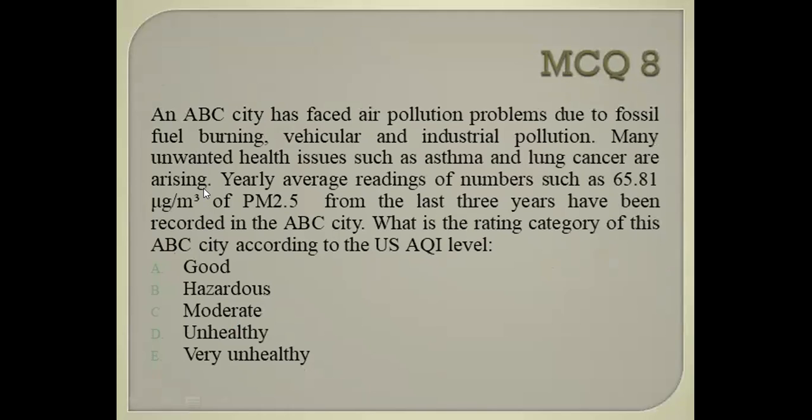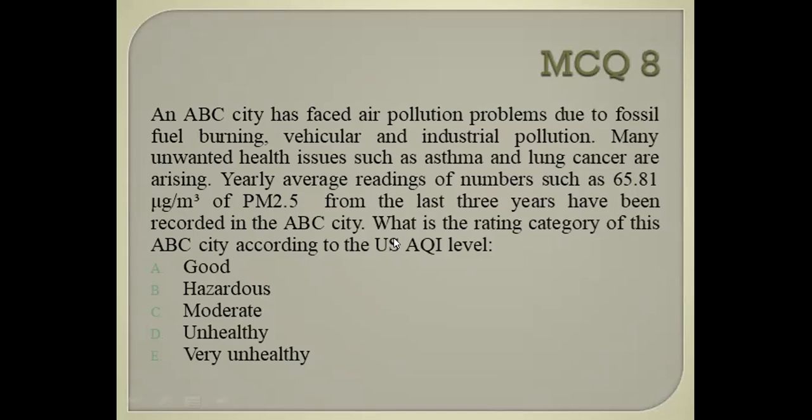MCQ 8. An ABC city has faced an air pollution problem due to fossil fuel burning, vehicular and industrial pollution. Many unwanted health issues such as asthma and lung cancers are arising. Yearly average readings such as 65.81 microgram per meter cube of PM2.5 from the last 3 years have been recorded in the ABC city.